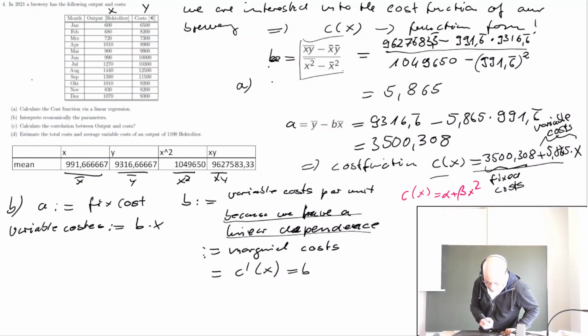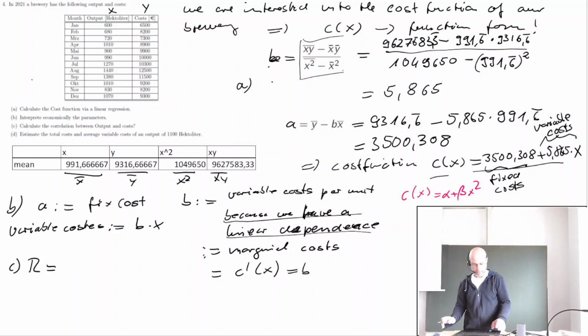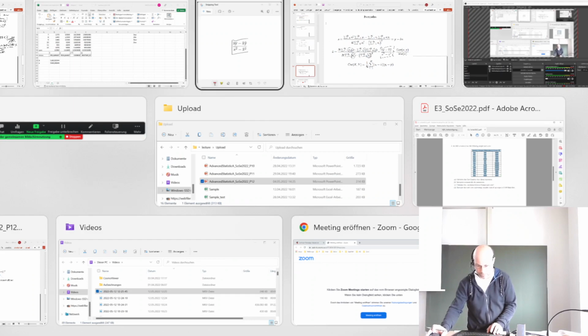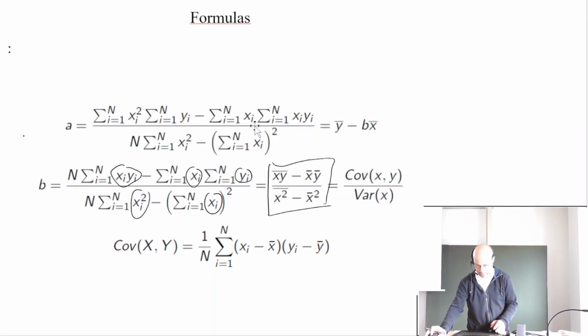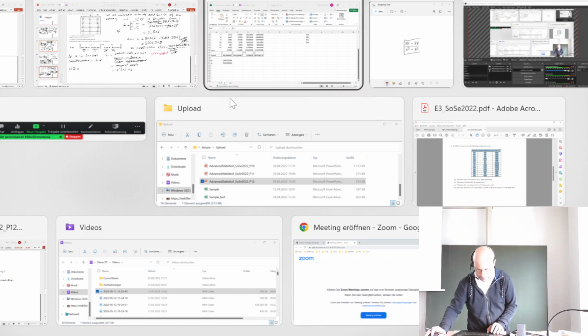So calculate the correlation. So then we have C. We want to calculate R. Well, of course, we can go into our other formula where we have it.